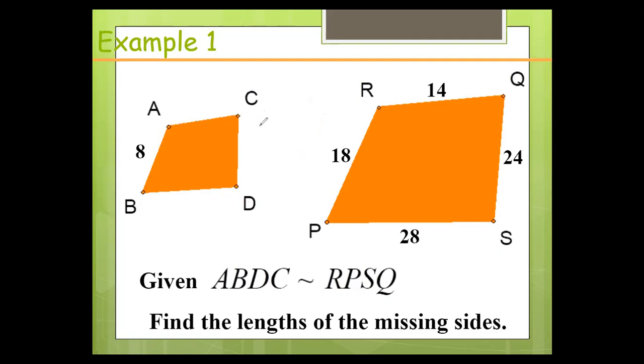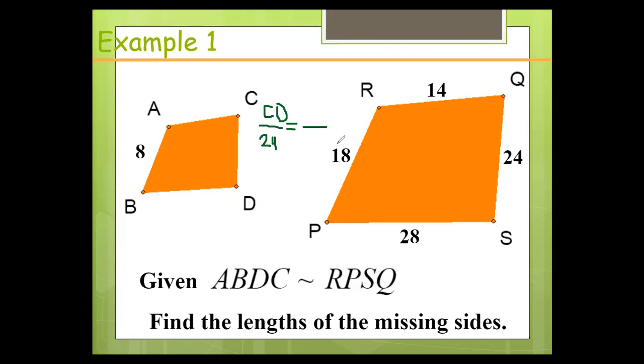Listen, you said CD over 24, right? What was the scale factor, Farah? 4 over 9.